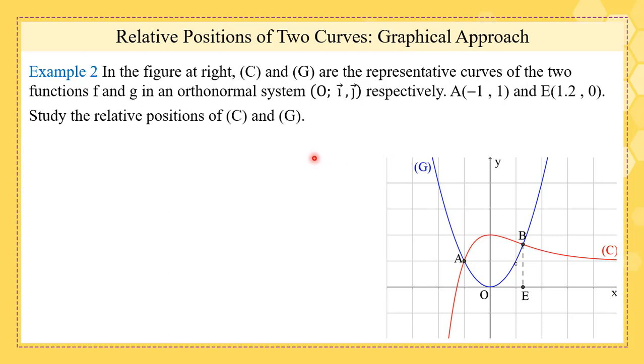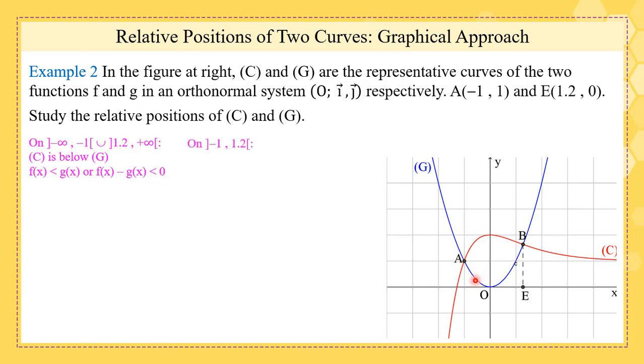Now here it's easy because it's a graphical approach. So we can state that on minus infinity to minus 1, you see from when x varies from minus infinity to minus 1, you can see that the red curve is below the blue curve. So we can say that C is below G. In other words, f of x is less than g of x, or f of x minus g of x is negative.